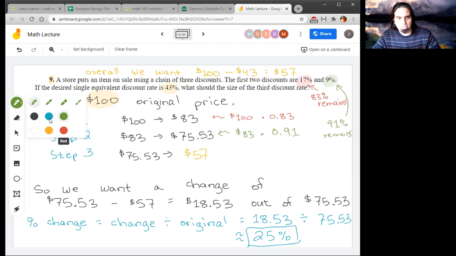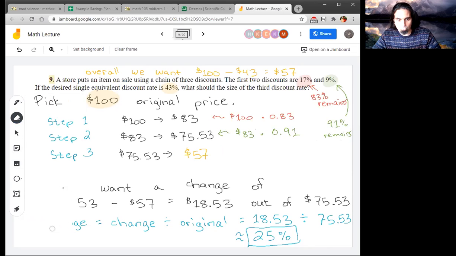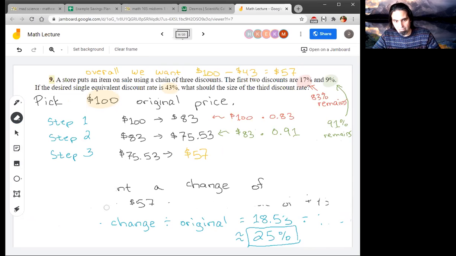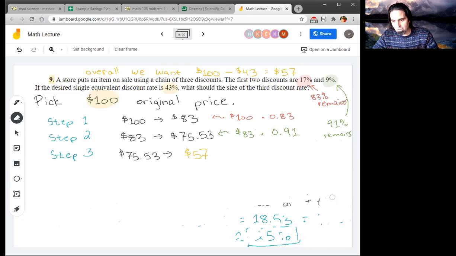And then similarly, we can get rid of all this stuff. Wish I could erase more efficiently, but I can't.